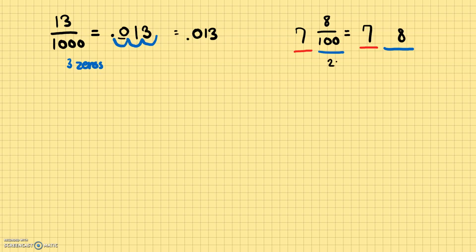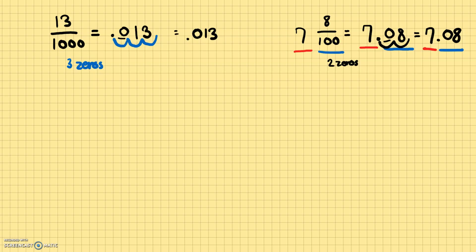And then since there are 2 zeros, you go 2 places. 1, 2. This is where the decimal point is going to go. And in this space here, there's going to be a 0. So the answer is going to be 7.08. If you have a mixed number, break it up into the whole number and the fraction part, write the whole number as it is, and change the fraction part to a decimal part.